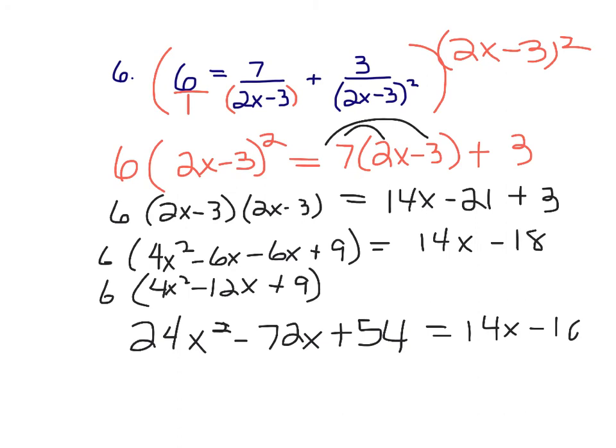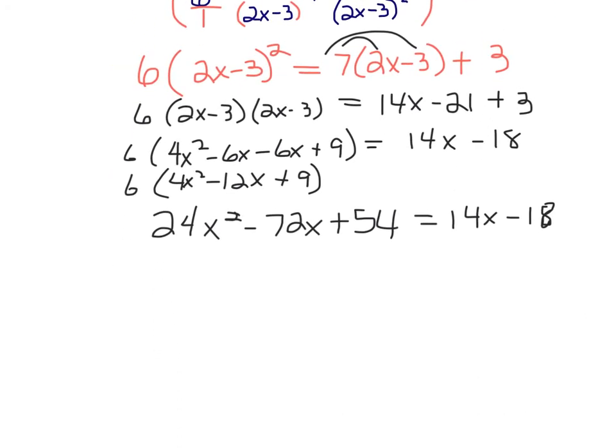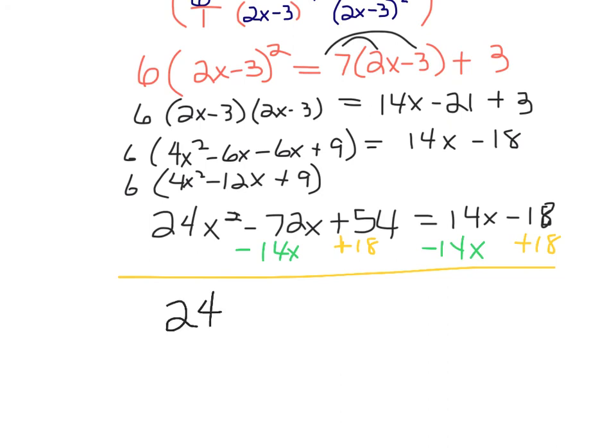Now I can begin to get my x's together and my constants together. So I need to move the 14. And I also need to move the 18. Just going to do it together here. I'll just do it in a different color. So now my equation is 24x squared minus 86x plus 72 equals 0.